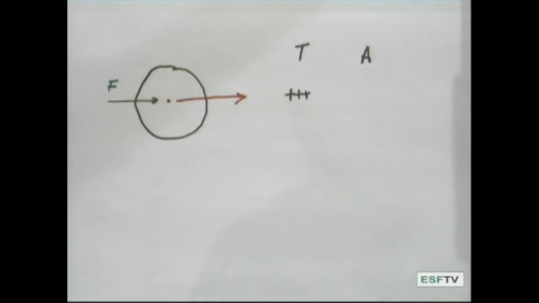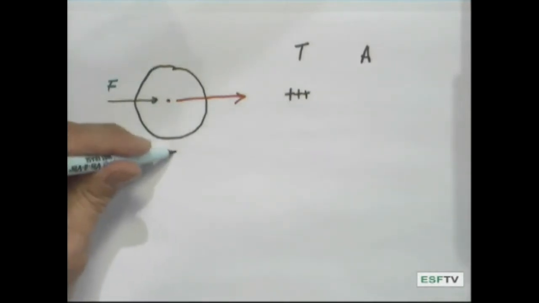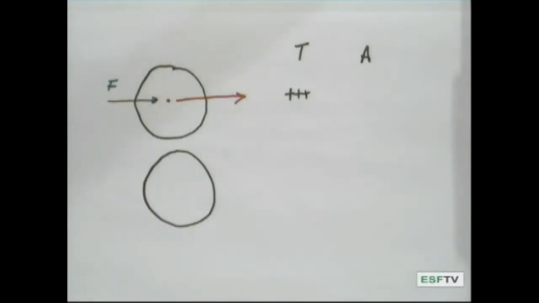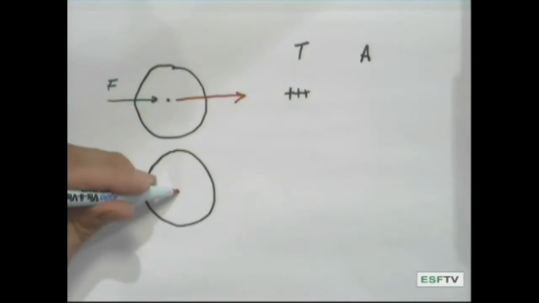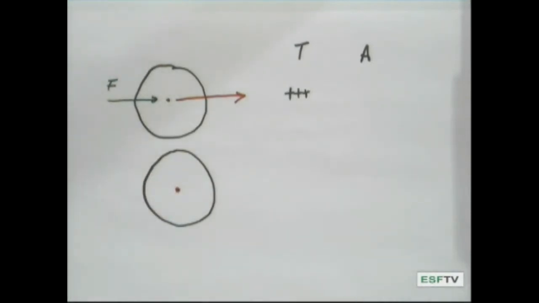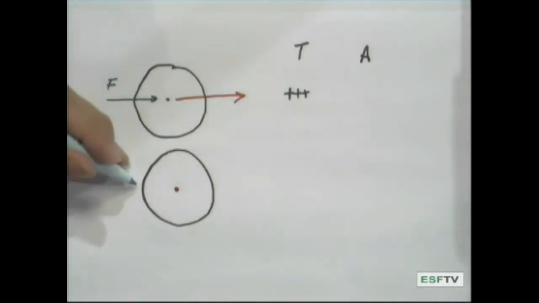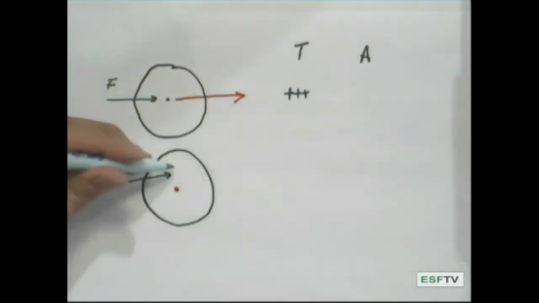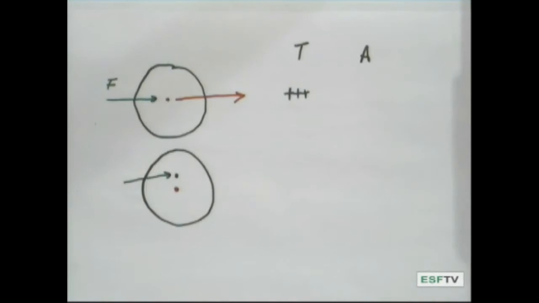Now suppose we take our object. And again, this is supposed to be the same size. Use your imagination. Center of mass there. And now we apply a force to this point right here. And in this instance, we have a short moment arm.